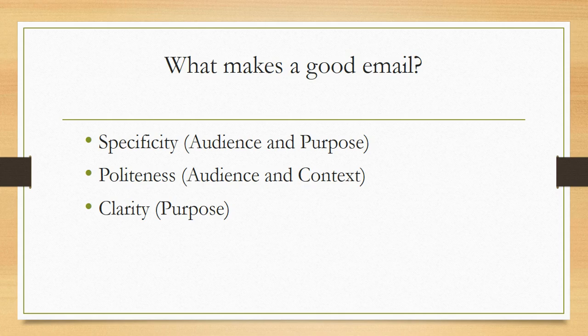So, while American politeness tends to run toward indirect language, "it would be nice if you could," "I would appreciate," these kinds of things, when we're in an email, we need to lay out our purpose. We need to be clear and we need to be specific. So, keep these ideas in mind as you are drafting your first two emails for peer review, and we will talk again soon.